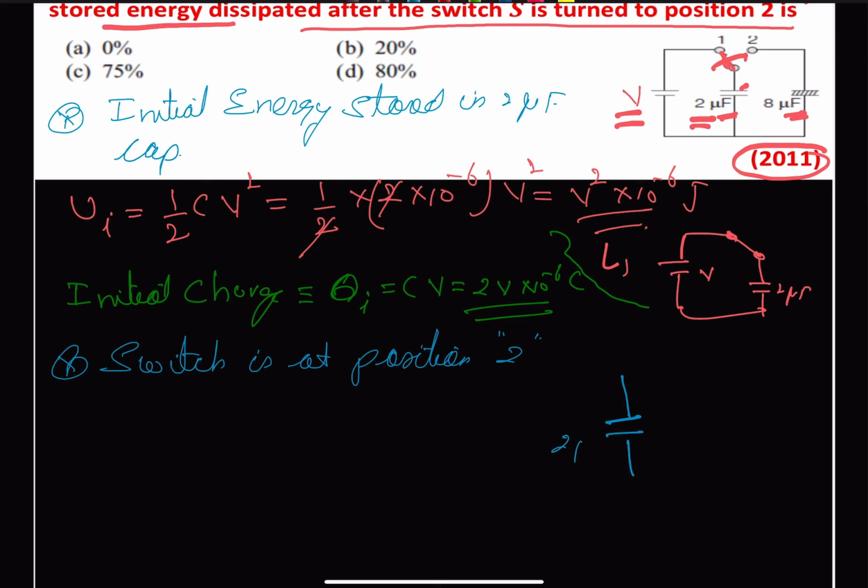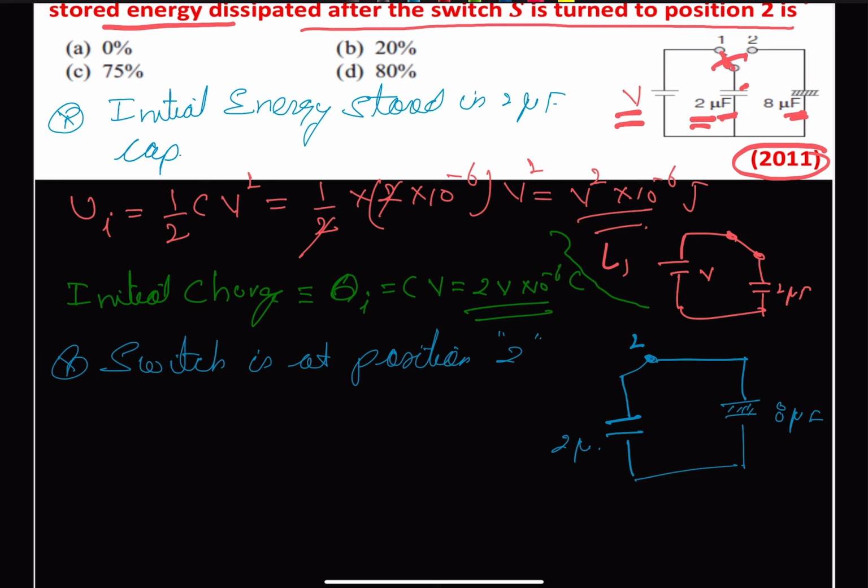For this we can also draw an approximate circuit. This is our 2 microfarad capacitor. This is a switch at position 2, and now we have this as our 8 microfarad capacitor. So there will be a transfer of charge from the 2 microfarad to the 8 microfarad capacitor until the potential becomes equal for both the capacitors, or we can say till a common potential Vc is reached.